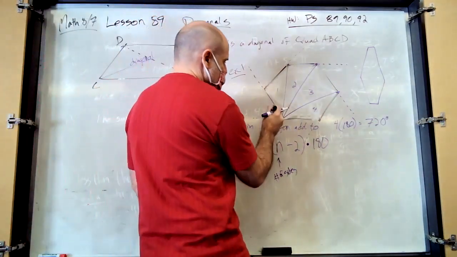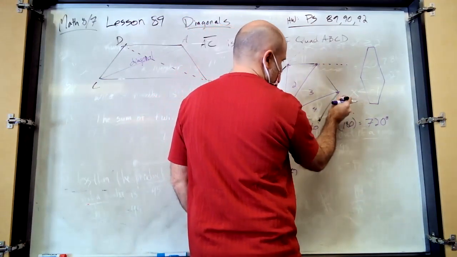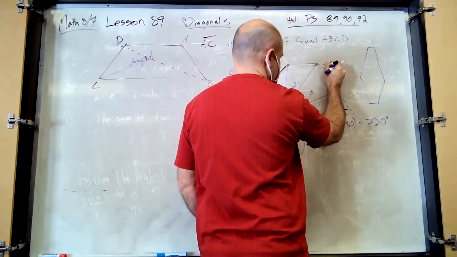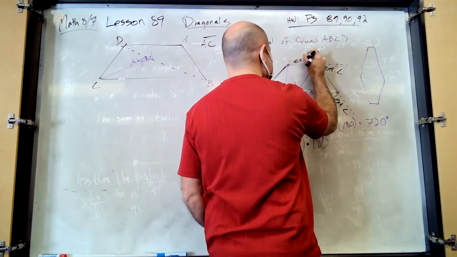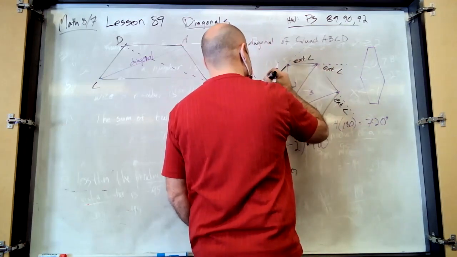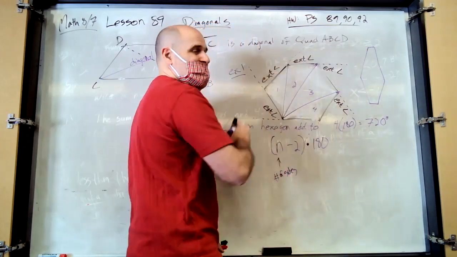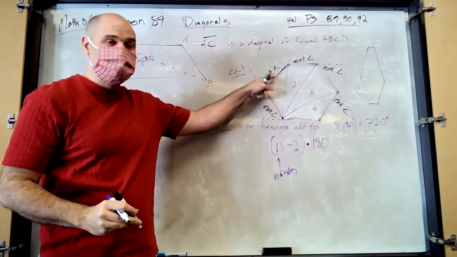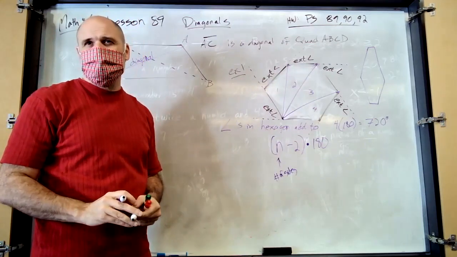Okay, so these are called exterior angles. So if you just extend the side, the angle that's formed when you extend one side is called an exterior angle. So it's not from here to here. It's just when you extend the side, that's the exterior angle.